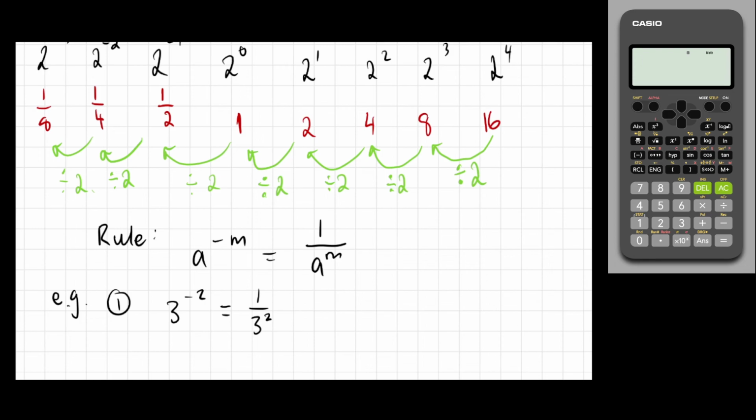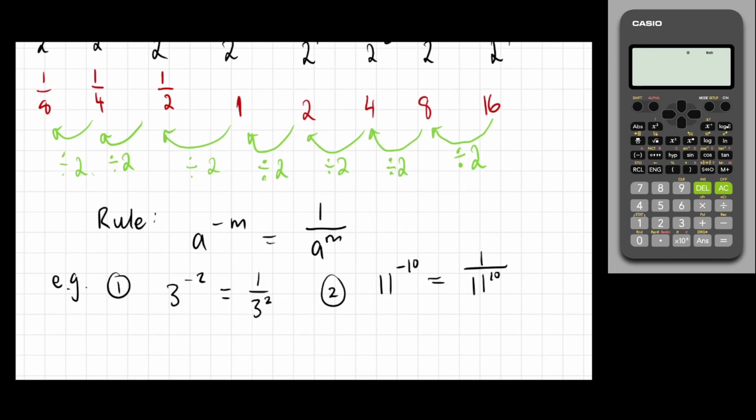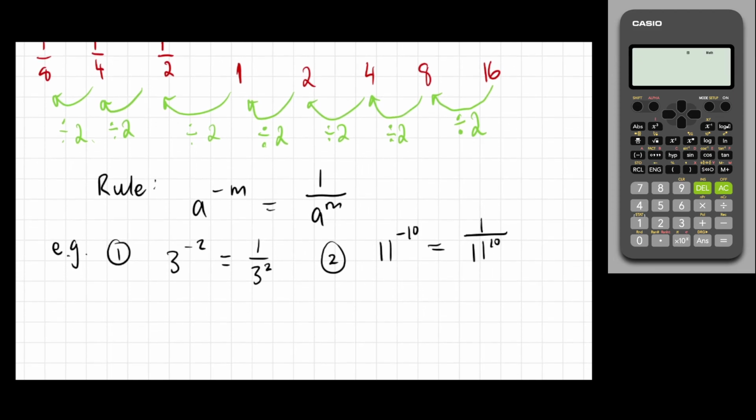So you can just swap these in and out. Let's try another number. Let's try 11 to the power of negative 10. That just becomes 1 over 11 to the power of positive 10. And you can see what's happening, right? We're moving it so it's on the bottom of a fraction.